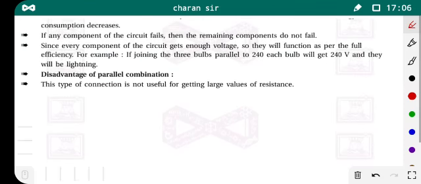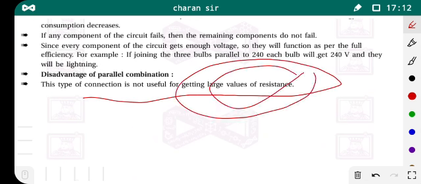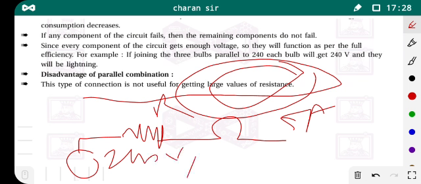Now the disadvantage: this type of connection is not useful for getting a large value of resistance. A large value of resistance is required when, suppose you have an electric bulb which operates at 5 ampere electric current. At that time you must have a high value of resistance, so that the source gives 240 volt, and suppose this source gives you 25 amperes.